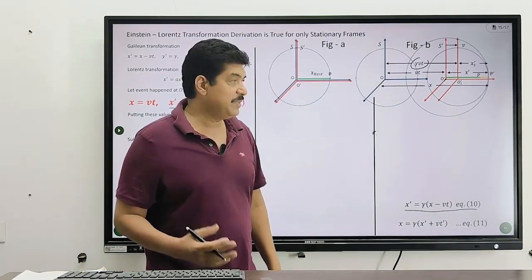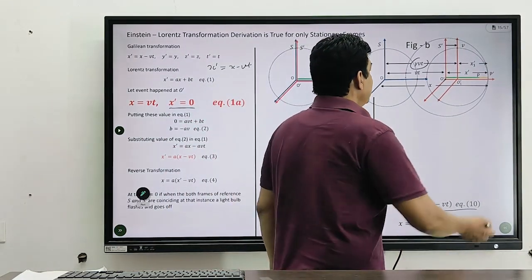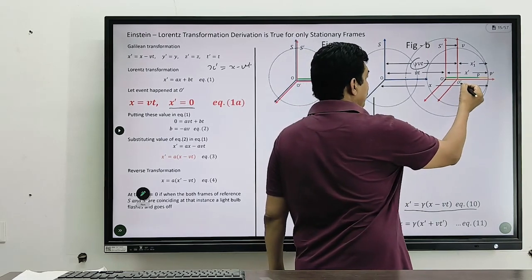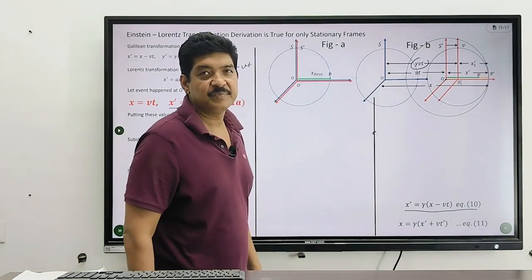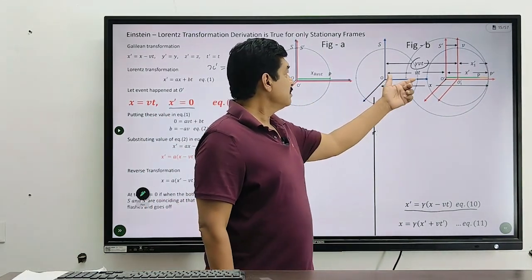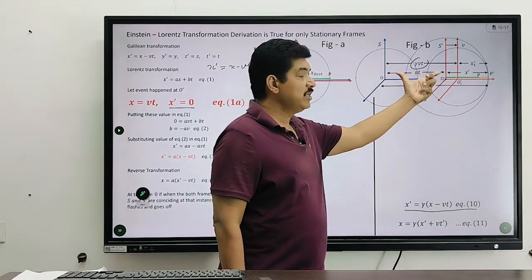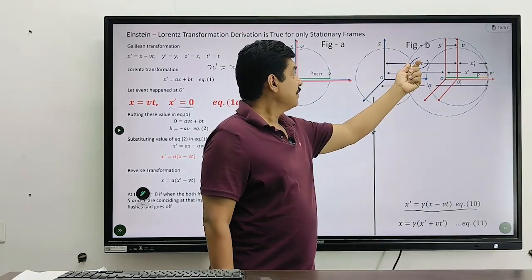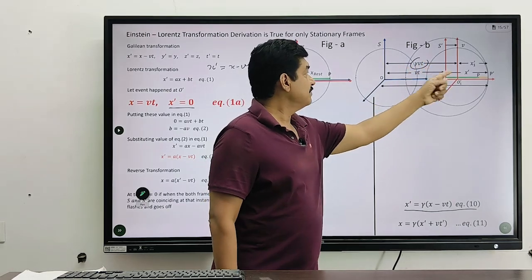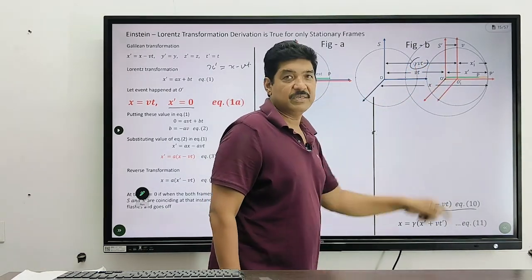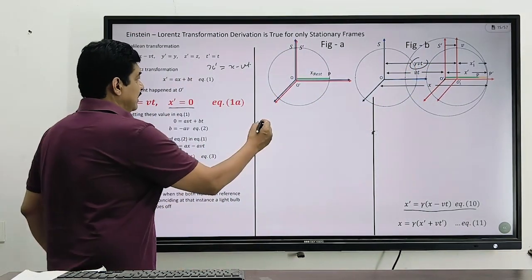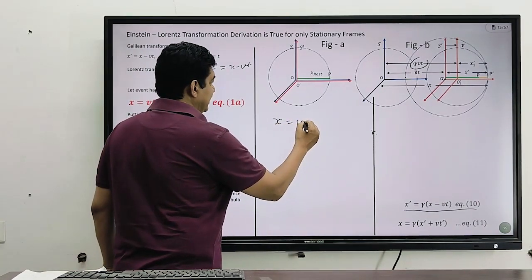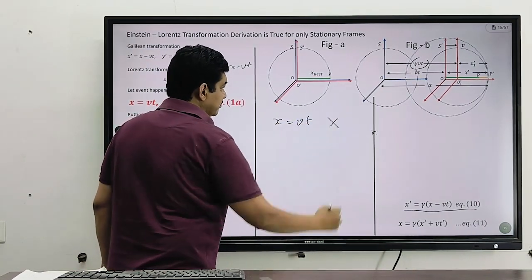Once there is a transformation, O prime moves to O1 prime. So this value of Vt will not remain Vt. It will become gamma Vt. It has transformed from here to here. So their assumption that x is equal to Vt is wrong.